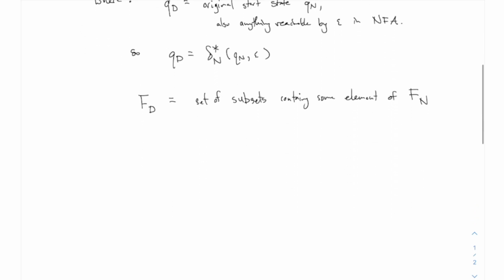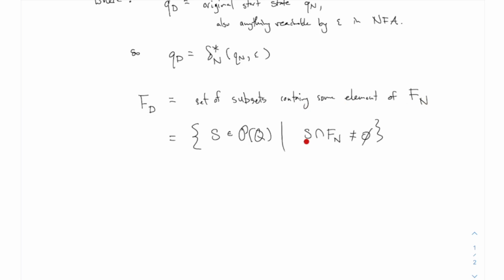This, unfortunately, you can't write in a super compact way. Really, you have to say something like this is all S in the power set of Q, such that S intersect Fn is not the empty set. So what that means is it's all of the subsets. That's why I said S in the power set. All of the subsets containing some element of Fn.